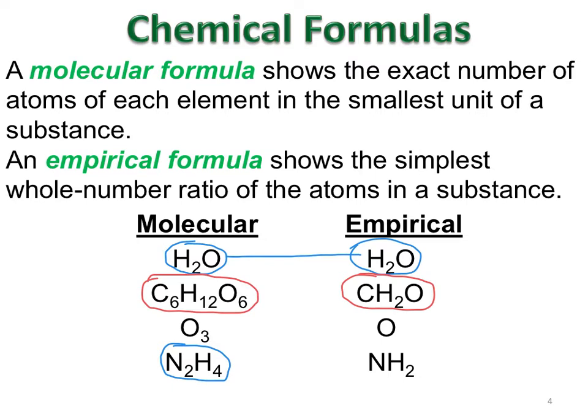And as a side note, this is where we get the term carbohydrates from. Carbohydrates have the same empirical formula, carbon followed by a water in the empirical formula, so carbohydrate. The next one is ozone. Ozone is O3. We can simplify that down to just simply O. And the bottom one, hydrazine, can be reduced from N2H4 to NH2.